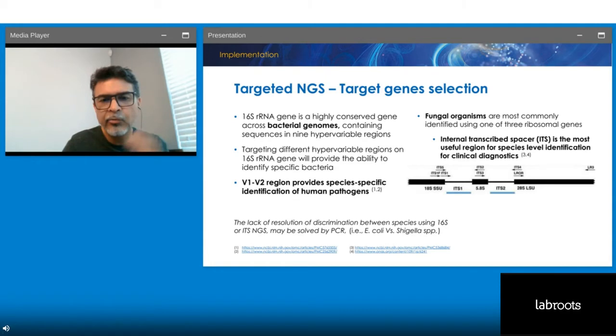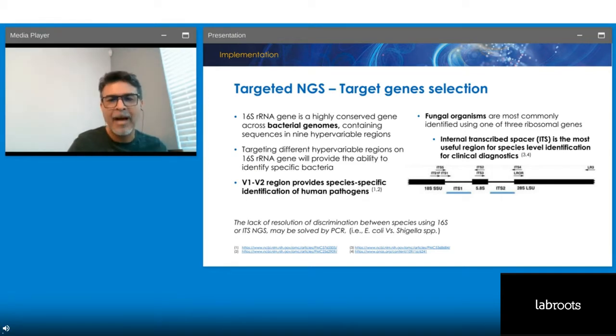The idea to target this region is that they are highly conserved genes. And they also have nine hypervariable regions that allow us to identify different genera, but also species of organisms.